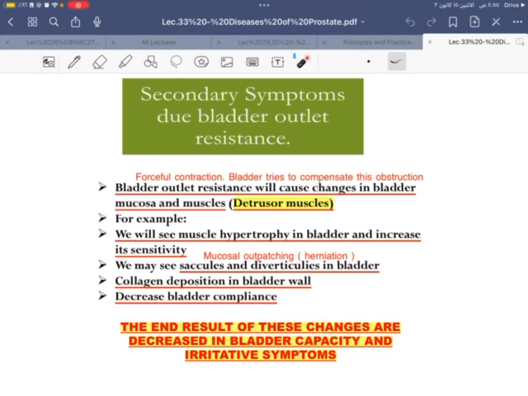All of these are changes secondary to increased bladder outlet resistance. The end result is decreased bladder capacity and irritative symptoms. The bladder becomes a stiff organ rather than a pliable and flexible organ.